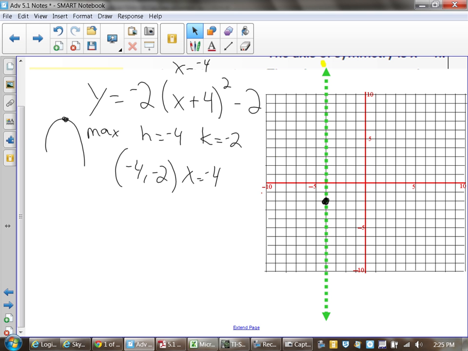So all I need now is to figure out some symmetric twins. There are two ways of going about that. You could substitute in values to the left and to the right of the axis of symmetry, or use the table function on your calculator. Once again, go back to your calculator.